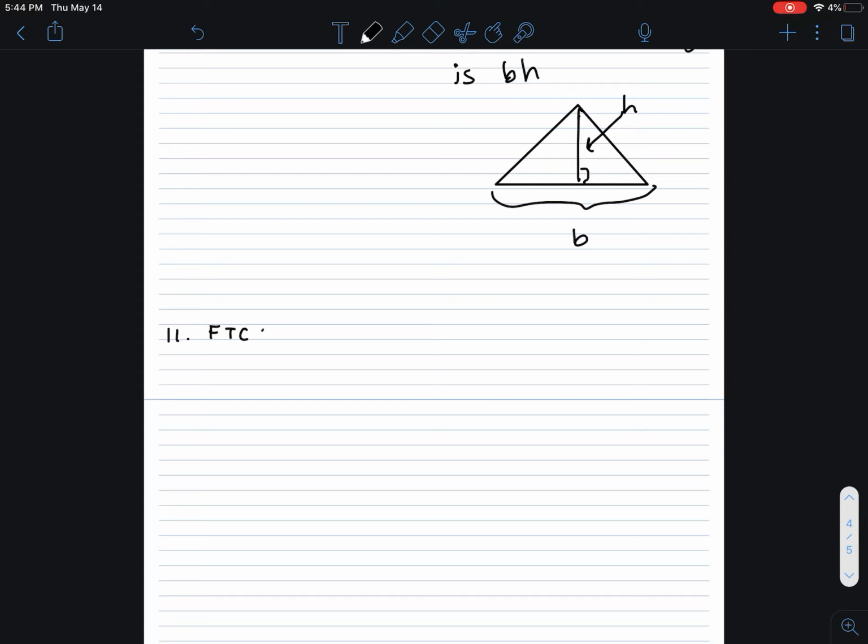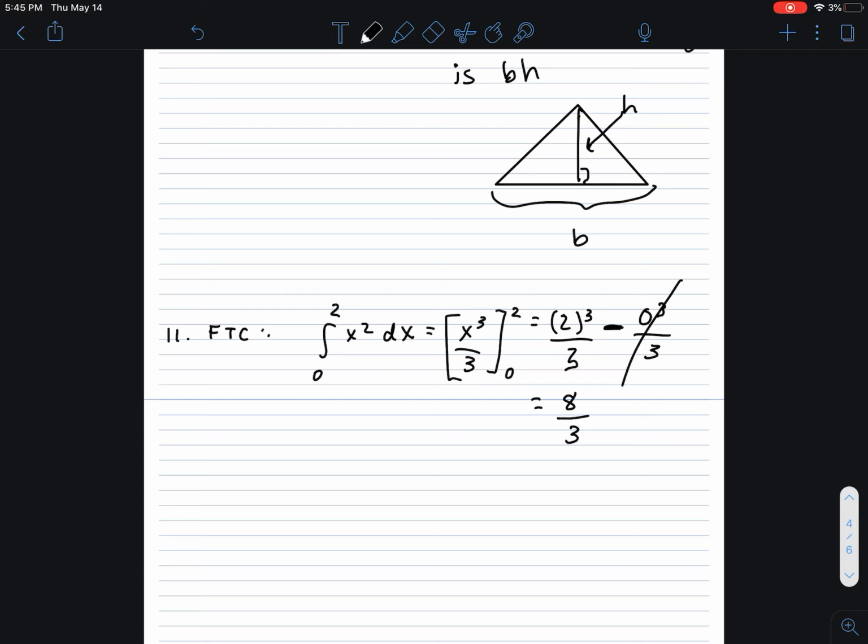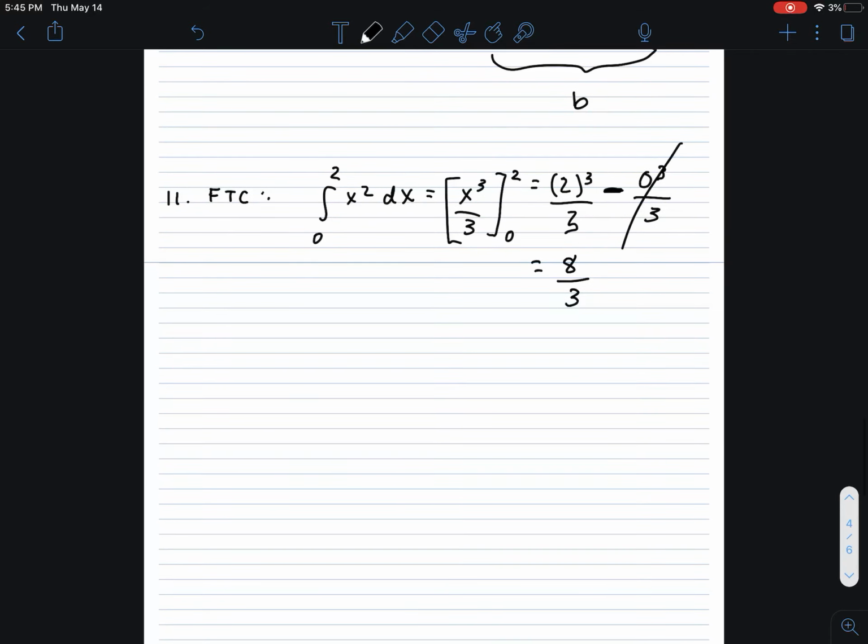If I asked you to take the integral from 0 to 2 of x squared dx, then we increase our power by 1, divide by our new power, and evaluate from 0 to 2. We first plug in our top number, so we have 2 cubed over 3 minus our bottom, which is 0 cubed over 3, which is just 0. So this gives us 2 cubed over 3, which is 8 over 3. Okay, that was the fundamental theorem of calculus.